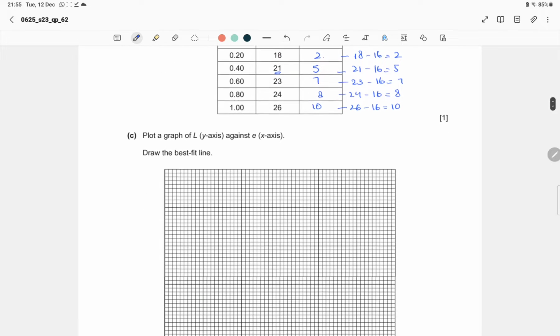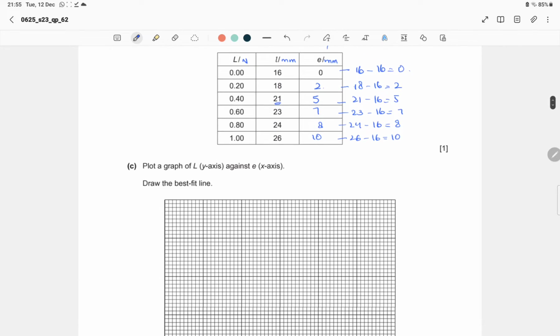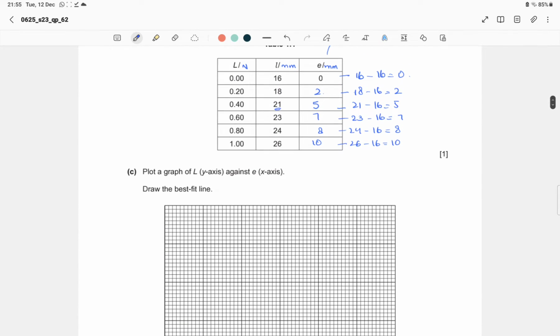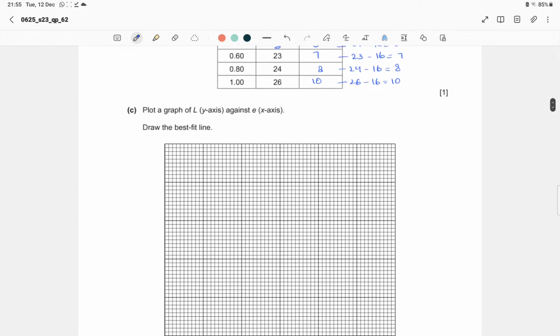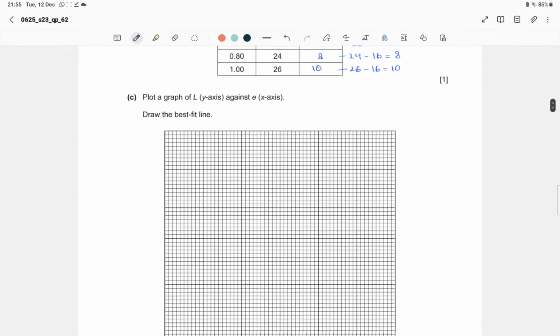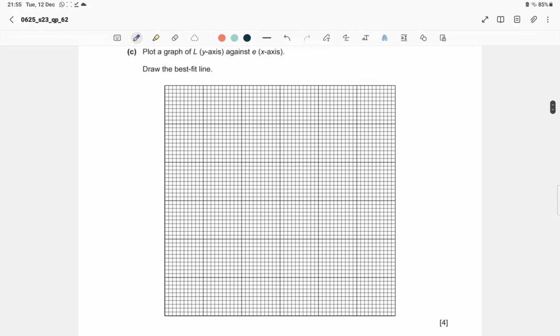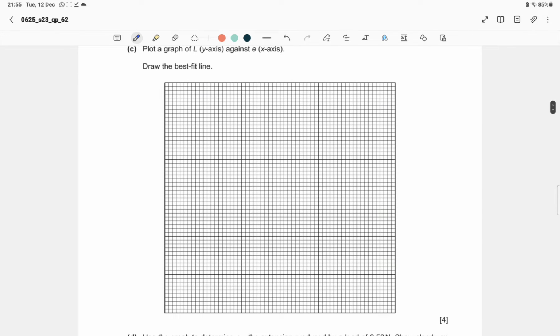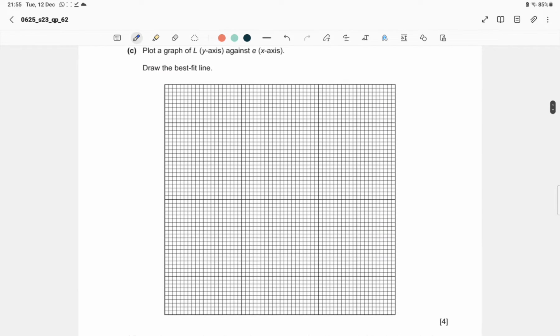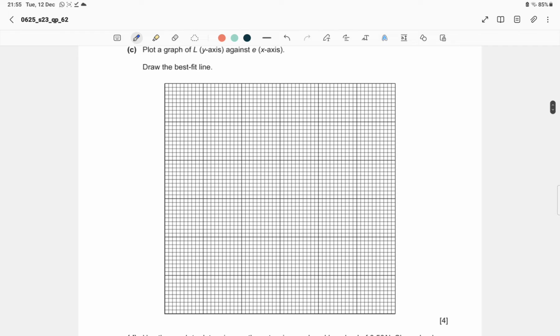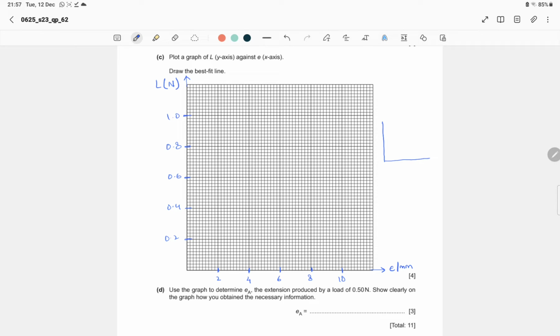So moving to the next question: plot a graph of load on the y-axis against extension E on the x-axis and draw the best fit line. I will be drawing this, but I'll show you how this graph is going to look. As stated in the question, the y-axis will be the load, and the x-axis is going to be the extension.